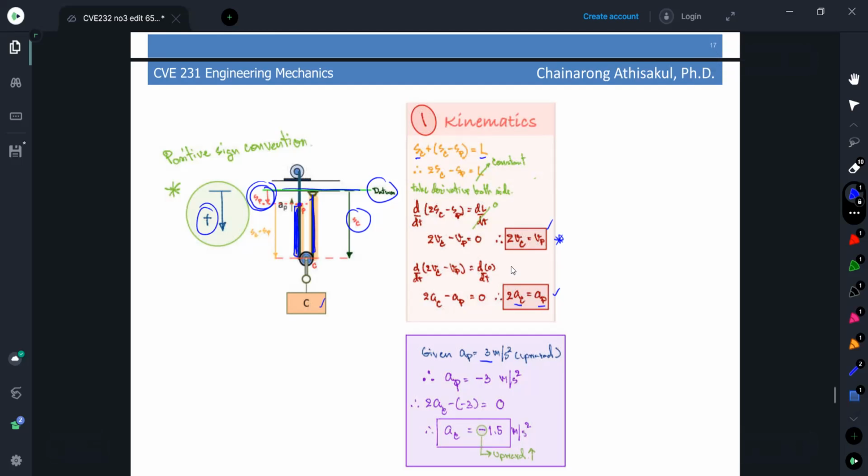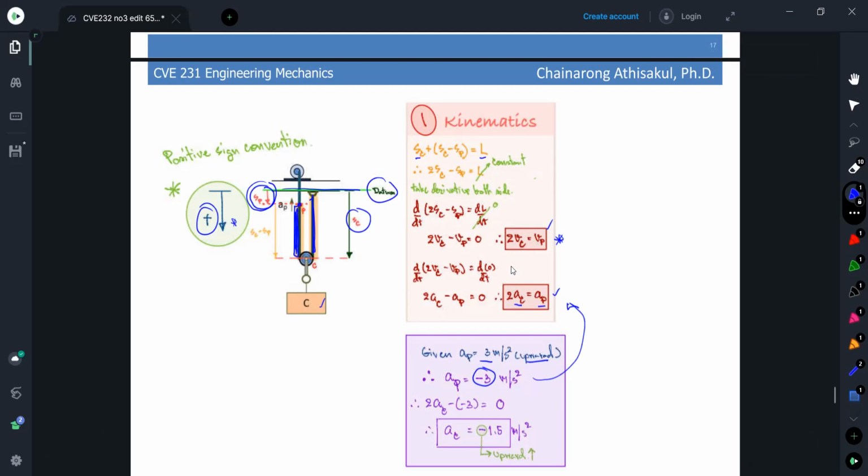This means that when we substitute AP into this equation, it becomes a negative value, because the problem gives us that it goes up, but the positive direction is set as going down. So AP becomes a negative value.